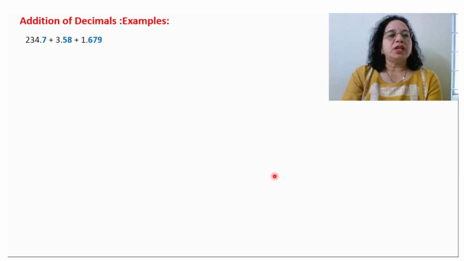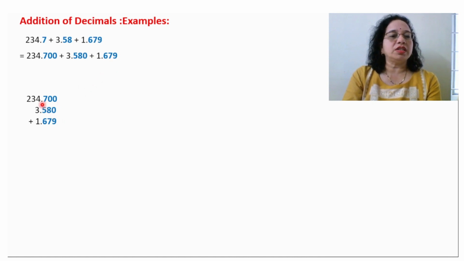Take a few examples. Again here I have taken these 3 decimals to add. Decimal places are different. So the first step, convert into like decimals by adding zeros on the extreme right hand side. The greatest number of decimal places is 3, so here I have converted into 3 decimal places, unlike decimals into like decimals by adding zeros. Now arrange in the vertical form.